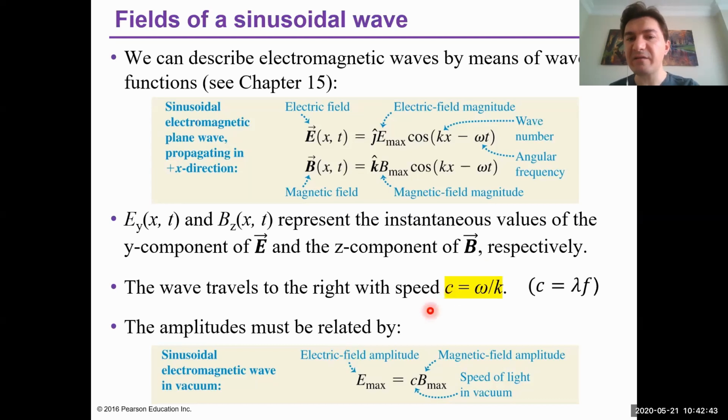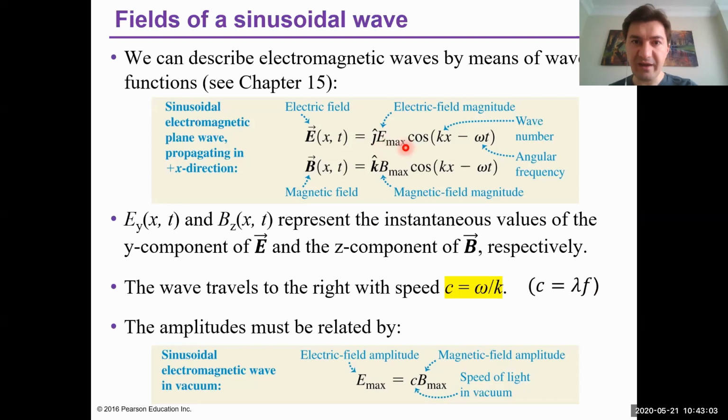And this speed of light is also given with that expression, lambda times f. This is the wavelength of the light. This is the frequency, which we have also seen in this equation on Tuesday during the first lecture of electromagnetic waves.